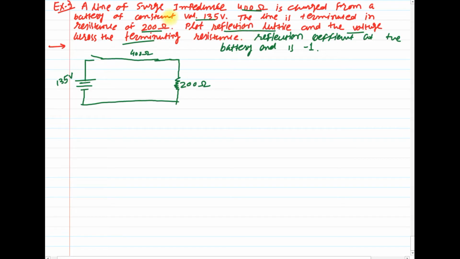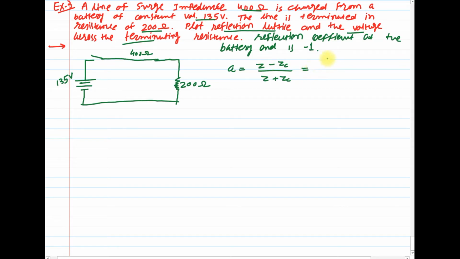So let us first of all calculate the reflection coefficient, which is equal to A. Just recall the previous theory. Reflection coefficient A is equal to Z minus ZC divided by Z plus ZC, where ZC is the characteristic, or I can say surge impedance, of the transmission line.